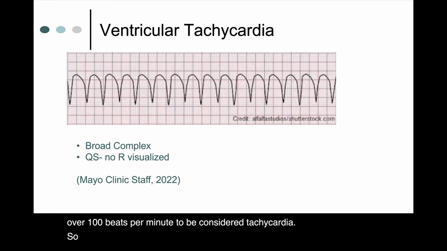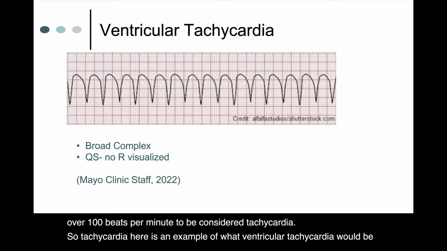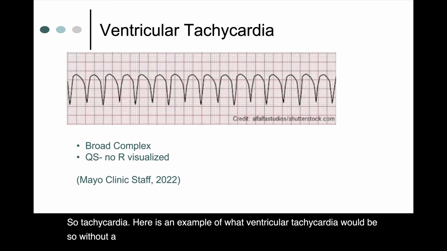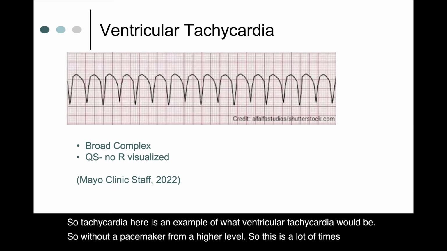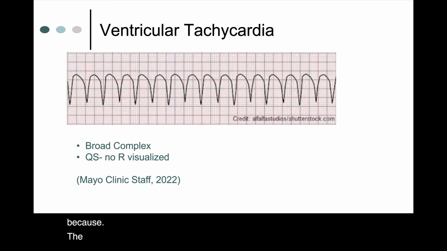So tachycardia, here's an example of what ventricular tachycardia would be. So without a pacemaker from a higher level, this is a lot of times caused because the initiation of the beat is coming from within that ventricle instead of from that SA node.